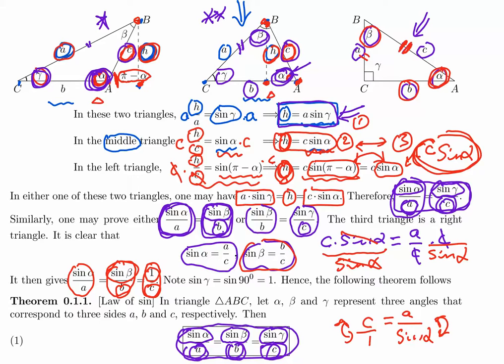But remember, gamma in this case, sine gamma here is 1, because sine 90 degrees is 1.